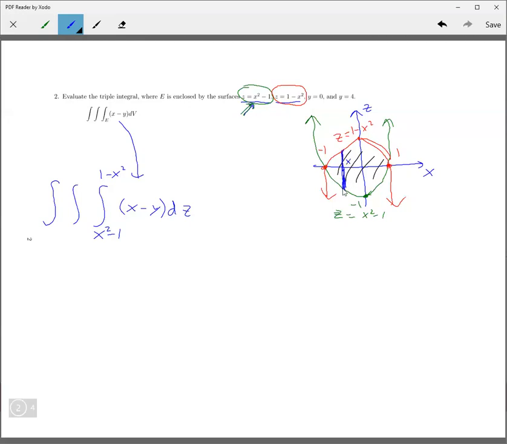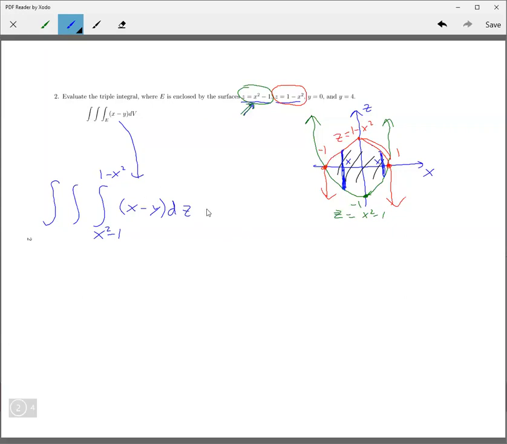And if that's x, then that's going from x squared minus 1 up to 1 minus x squared. Or if it's over here, the same thing. It's different for different vertical lines, you're going to go from different points. But it's always going to be from z equals this to z equals that.